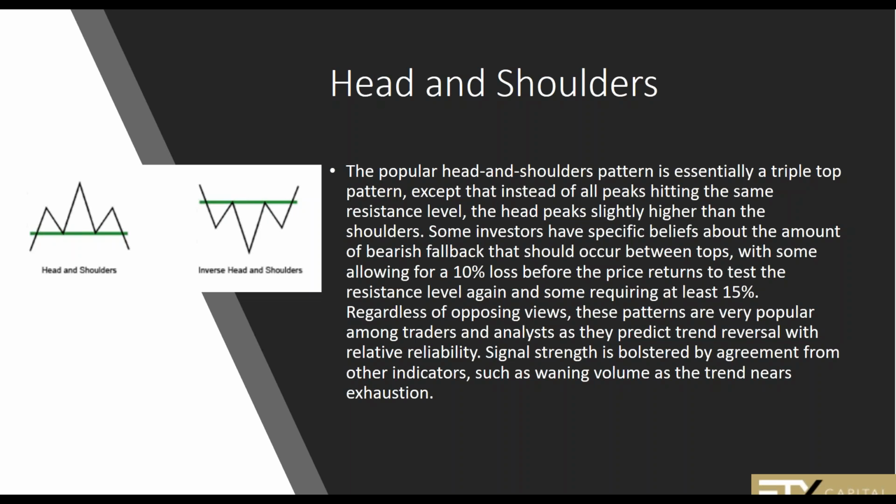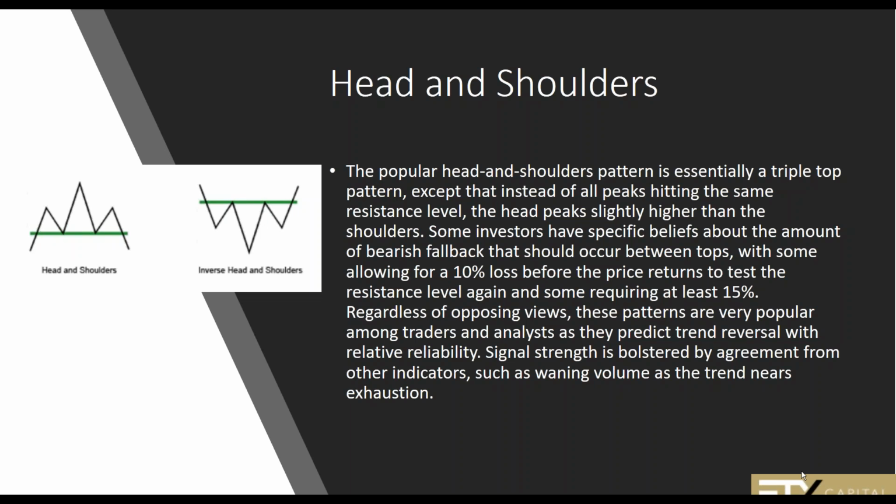Regardless of opposing views, these patterns are very popular among traders and analysts as they predict true reversal with relative reliability. Signal strength is bolstered by agreements from other indicators such as waning volume as the trend nears exhaustion.